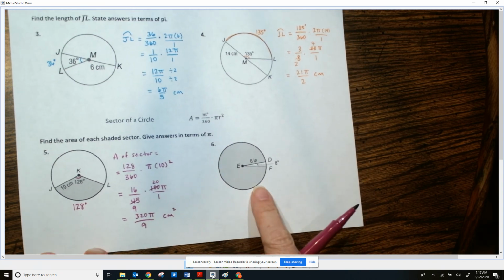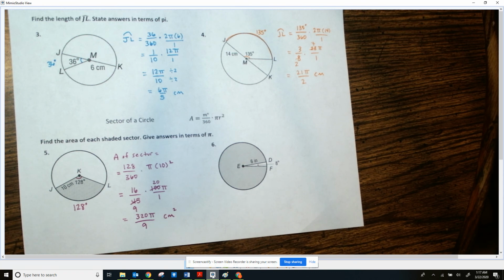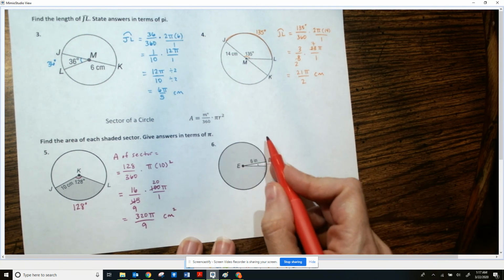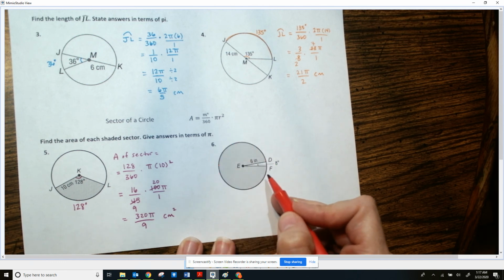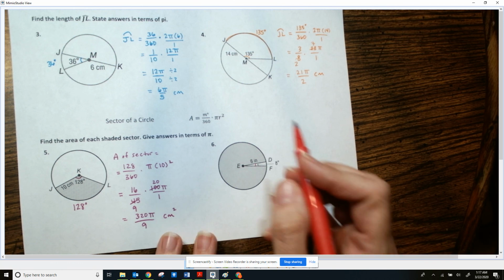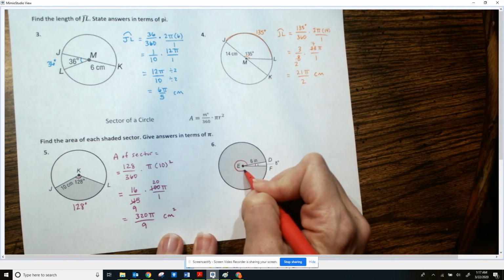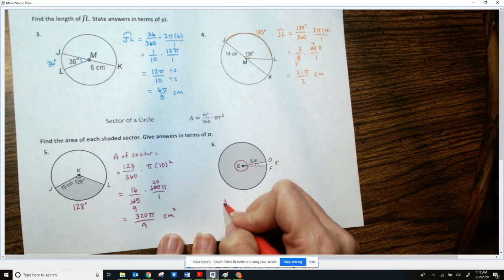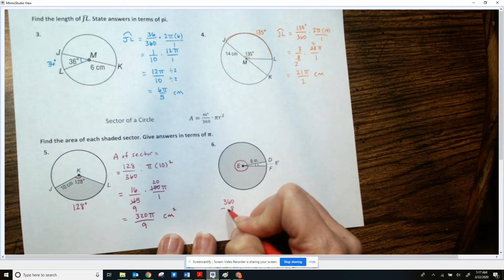Okay, this one's very interesting because it's almost the whole circle, right? The shaded part is almost all of this. Okay, now it doesn't give me the measure, but again, because I know all the way around is 360, and this little piece here is 8, that means the rest of this, which is also the measure of this arc, is 360 minus 8, which gives me 352.